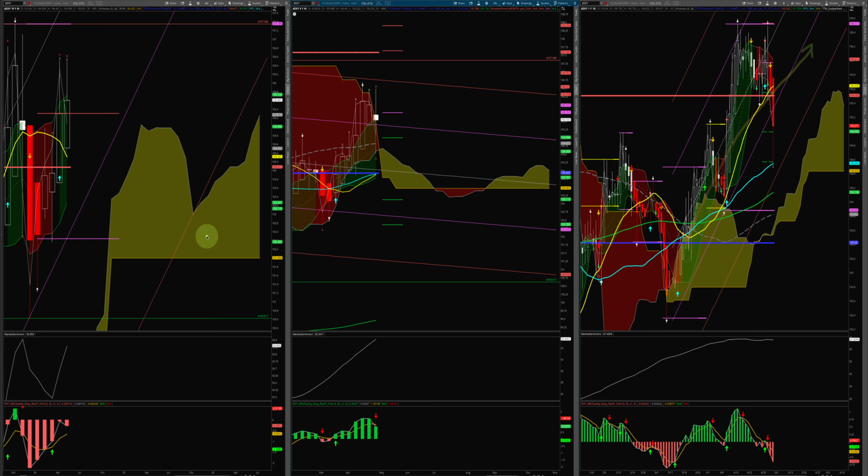Path of least resistance is up. PPS buy signal, about to crack the cloud on the weekly, above the cloud on the daily. Linear regression is pointing up. You're only below the 20. MACD is still negative. No buy signal yet. Weekly still negative. So yeah, there's potential June, July down cycle.